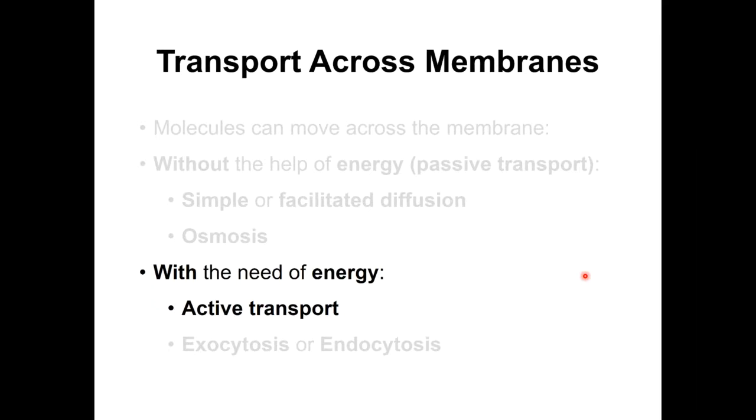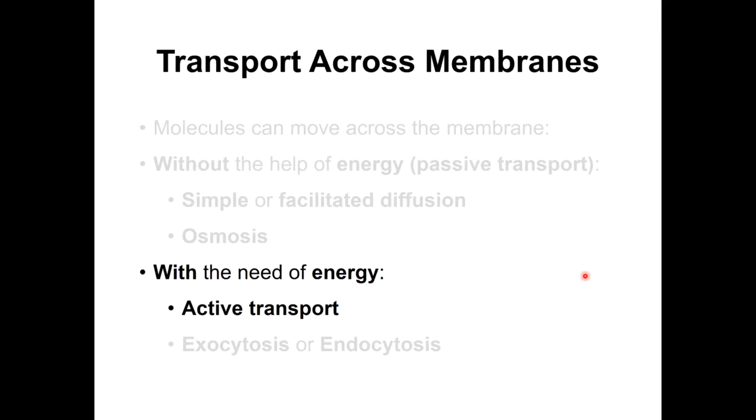Now let's move from the passive transport to the active transport. So there are two types, as I mentioned before. There are those that deal with the movement of single molecules, one at a time, what we call transporters. And then there are those that deal with the movement of bulk material, so lots of molecules at a time, or large molecules, such as even complexes of molecules like bacteria or viruses.